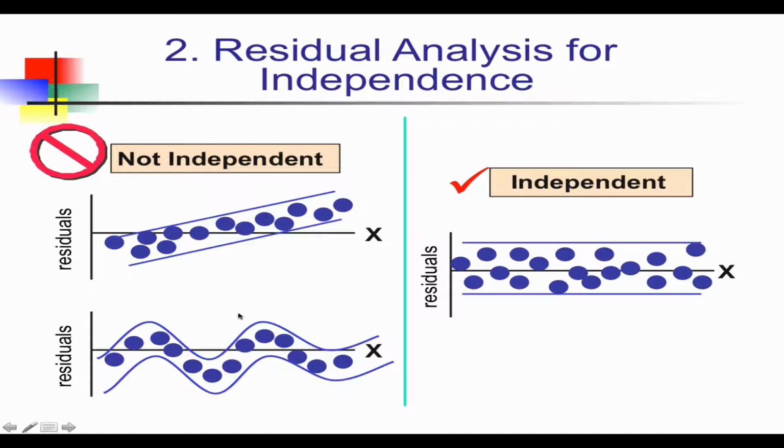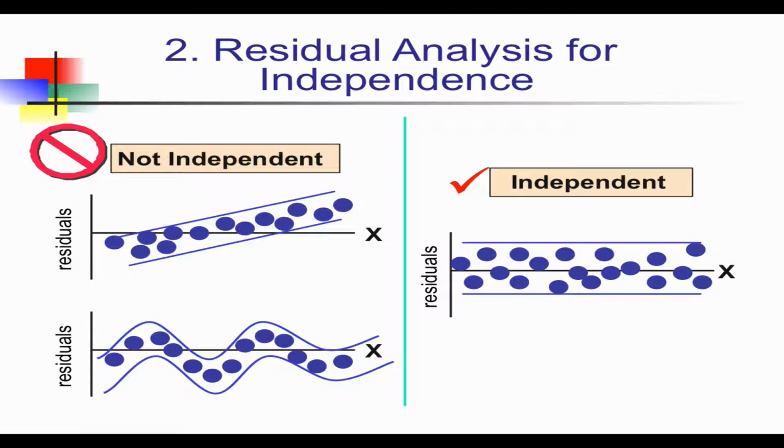Both situations mean the errors are not independent. So conceptually, when is it possible that you have non-independent observations? Most likely, if the data is from longitudinal observations, or if the data is from a time series, this independence assumption most likely does not hold.